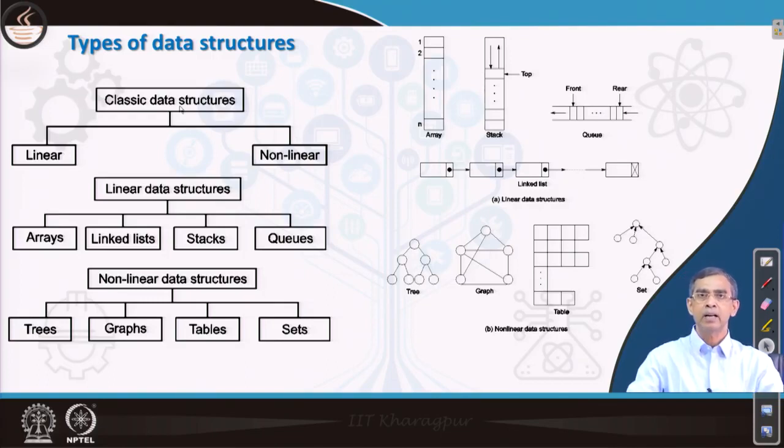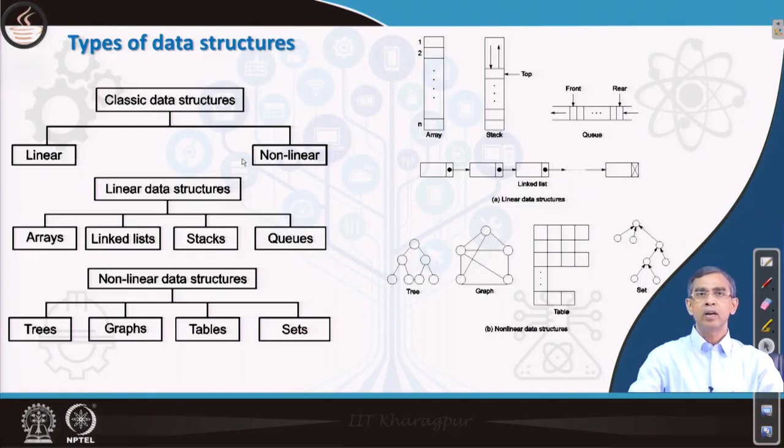First of all, let us learn what the basic data structures are. Now, the basic data structures are of two types: either linear or non-linear. Again, the linear type of data structures can be divided into different categories like arrays, linked lists, stacks and queues.